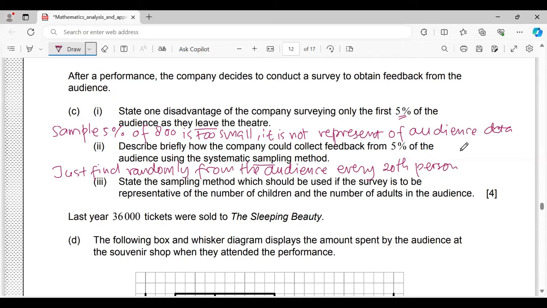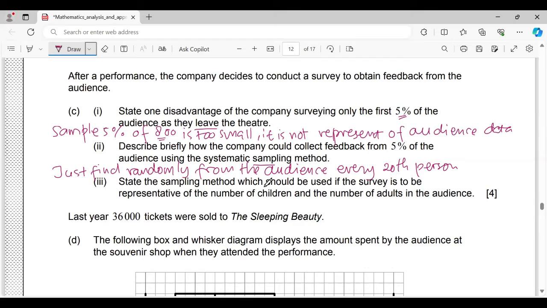Every 20%, if 800, if 800 audience, it means 800 divided by 40 times. Yeah, 40 times taking data. Right.